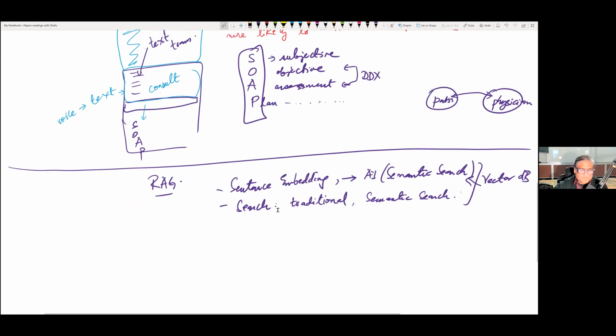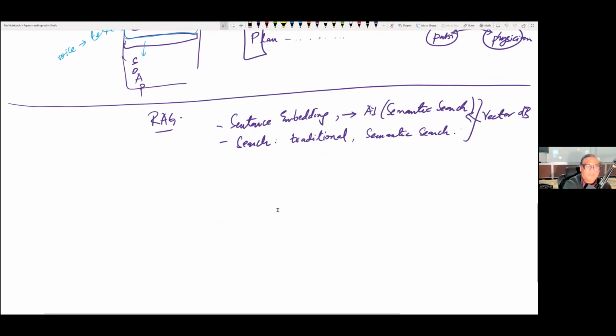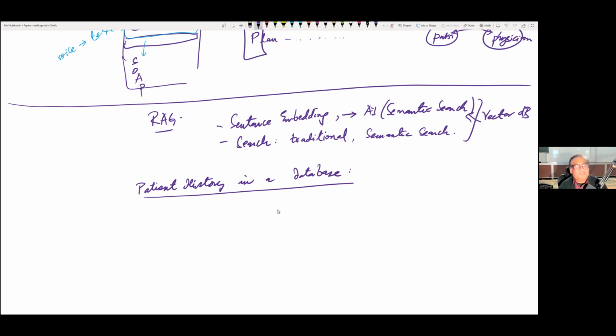So now, what it says is something actually dead obvious and simple, like the case of mine. And that is what we did, by the way. What we did is we kept patient histories in a database. So this is dead simple. And we also made it searchable.